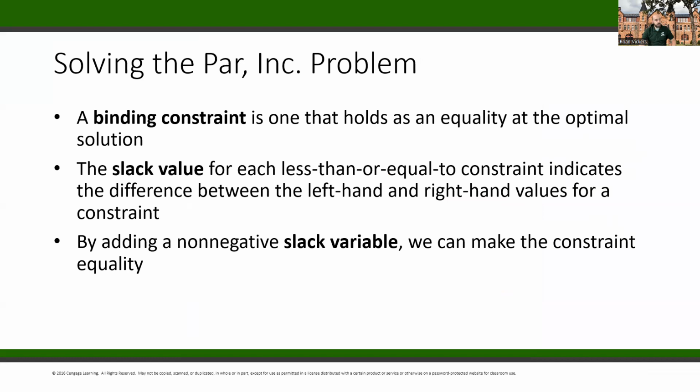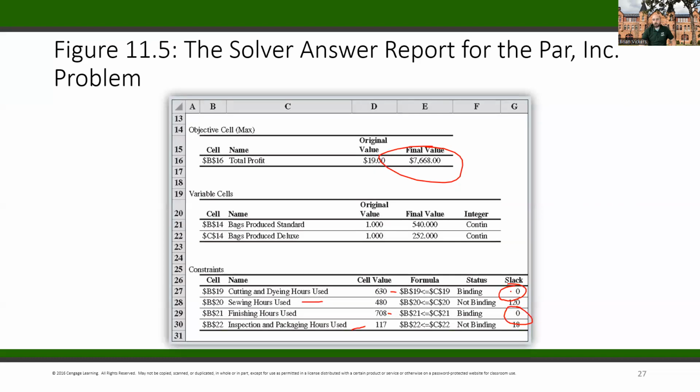By adding a non-negative slack variable, we can make the constraint an equality. So we can add more available of these ones that are binding or non-binding. We can add more to that and still have you end up with an inequality, right?